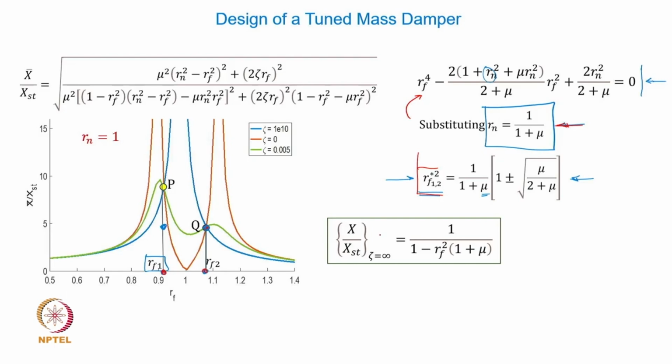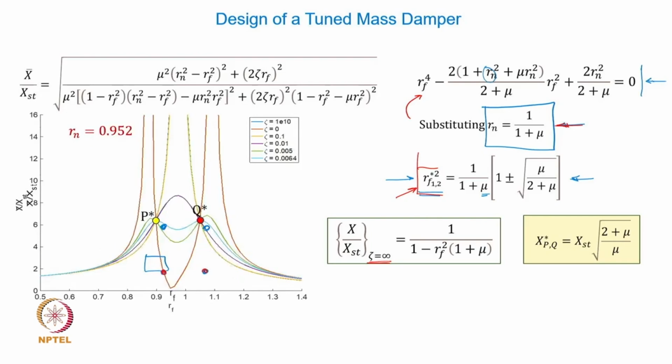Now the graph of the response for infinite damping ratio also pass through P and Q, and so if you substitute for RF star 1 and RF star 2, from which you can obtain from this expression, you can get the amplitude ratios for P and Q. Now this amplitude ratio P and Q would obviously be equal, and which relates to this graph.